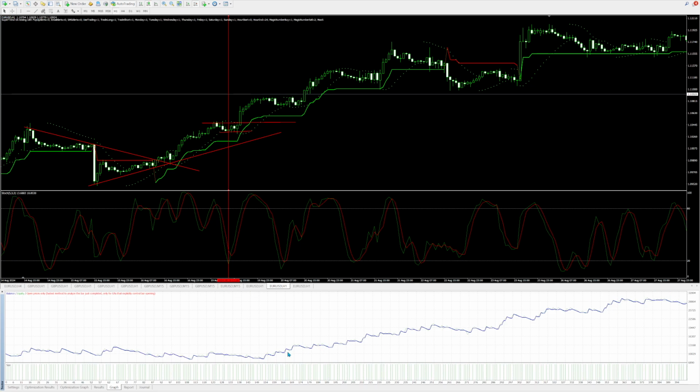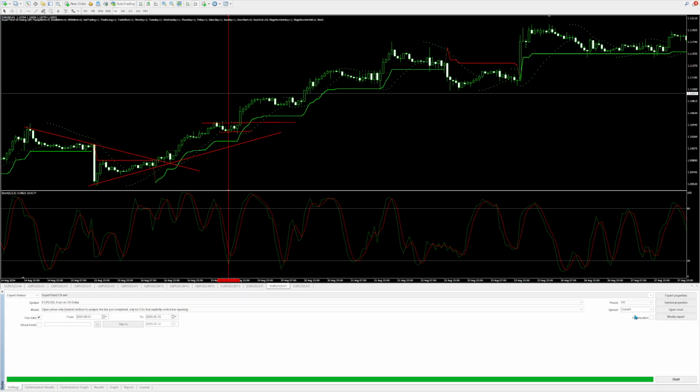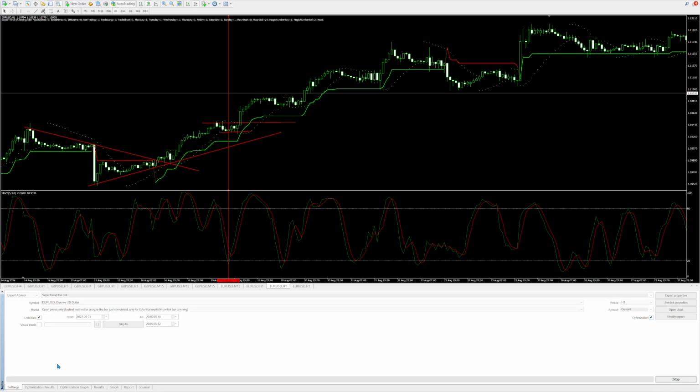That's because the settings are optimized for that particular data set. Okay, so that's curve fitting or over optimization. It doesn't necessarily mean these are good settings. It's just random in nature. So some may argue, well, click optimization, and why don't you just optimize back another year and get some settings that are good for the past year? But then you can keep doing that.